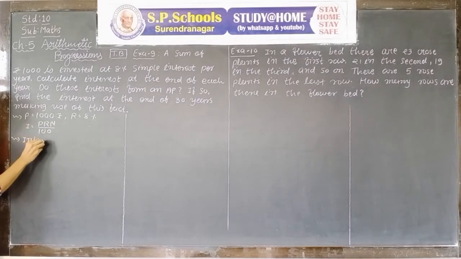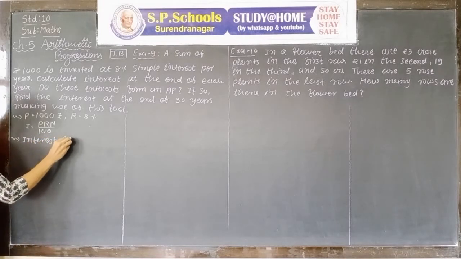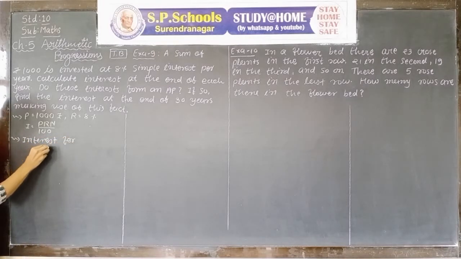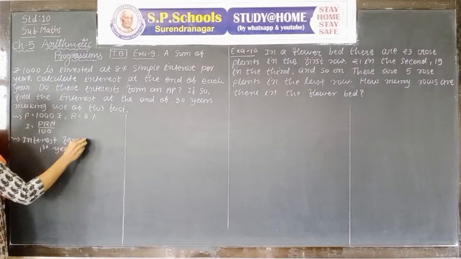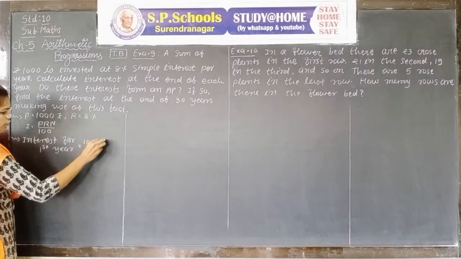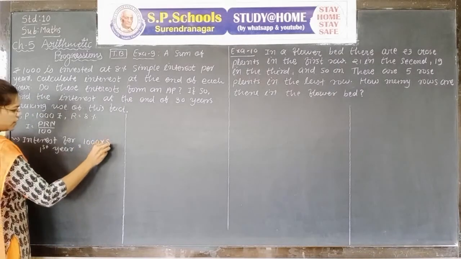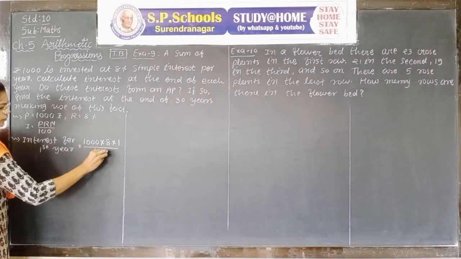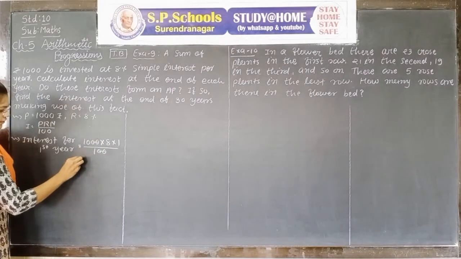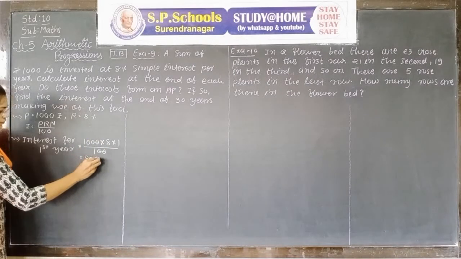Interest for the first year is equal to P = 1000, R = 8 and N = 1, upon 100. 2 zeros are cut and we get 80 rupees.